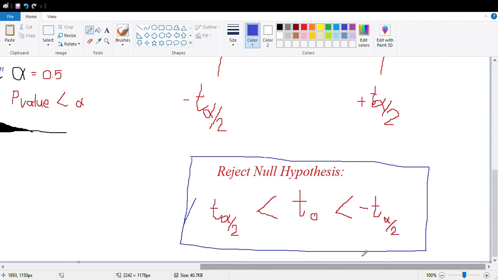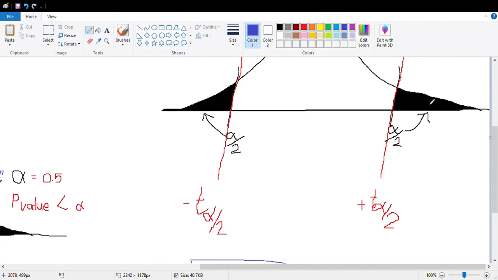Why? If our computed t is greater than the t alpha over 2, then the value of the computed t will lie somewhere here. That means it lies in the rejection region, so we reject the null hypothesis.